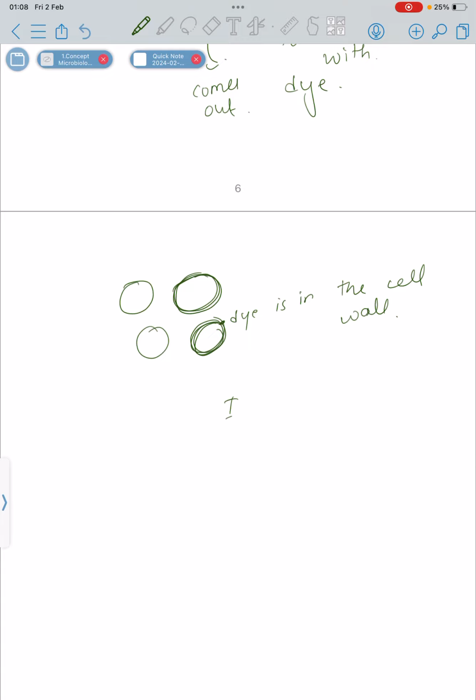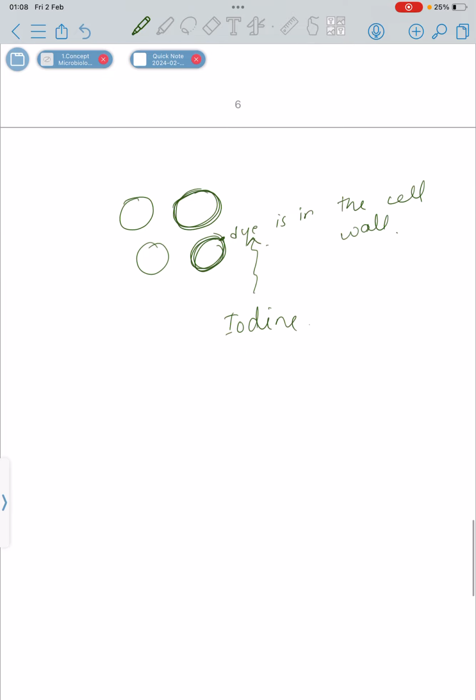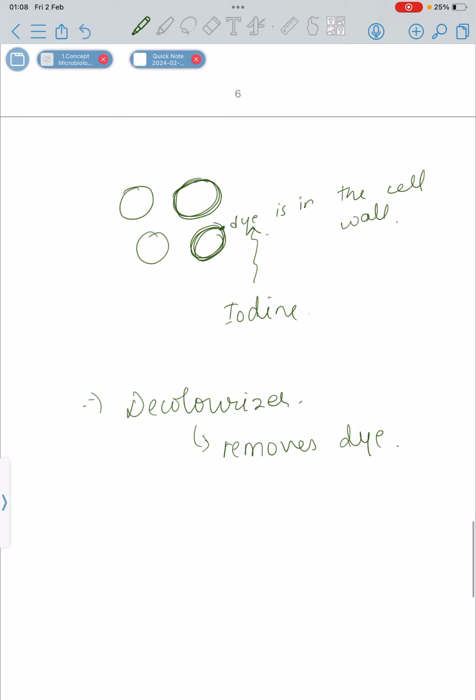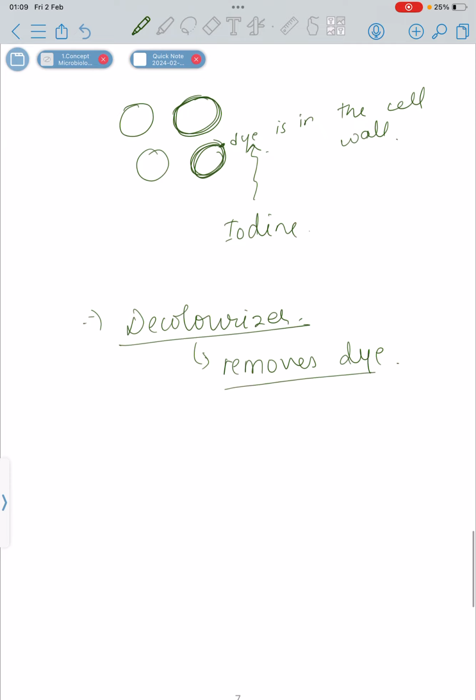Now we give iodine. Iodine forms a bond with the dye. When we apply any decolorizer, which is any substance that would remove the dye, the decolorizer removes the dye.